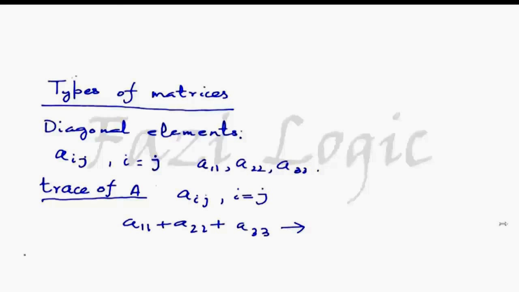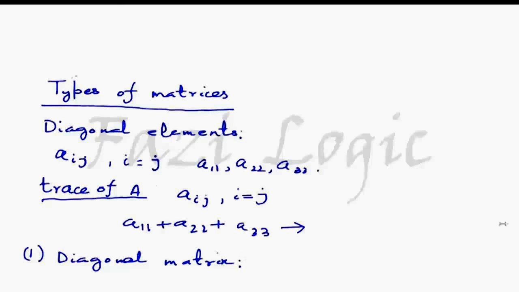Now the first type of matrix is the diagonal matrix. A square matrix A is said to be a diagonal matrix if all its non-diagonal elements are 0.